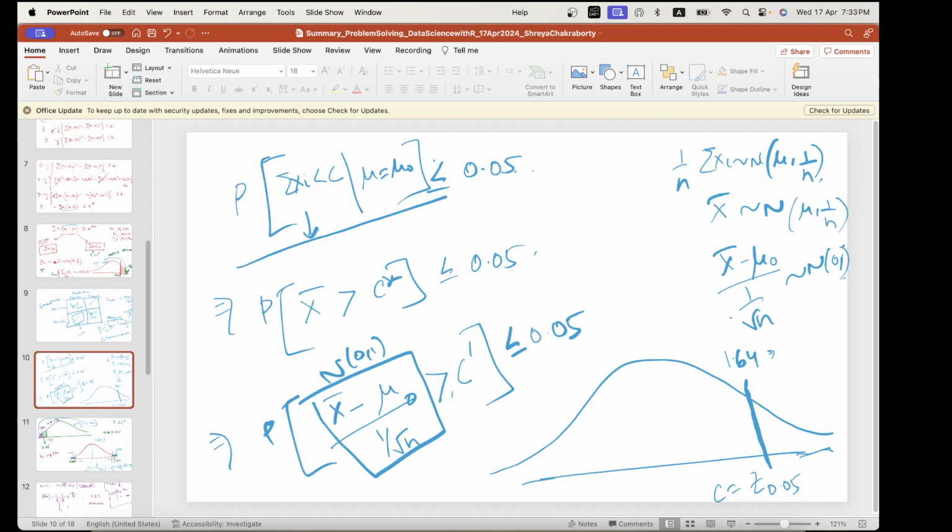Restrict it to 0.05, then solve, so that the test statistic under H naught follows some known distribution. Based on whether we have greater than, less than, or whatever sign, we try to find out this probability: where should we devise our cutoff such that this probability less than or equal to 0.05 holds true?